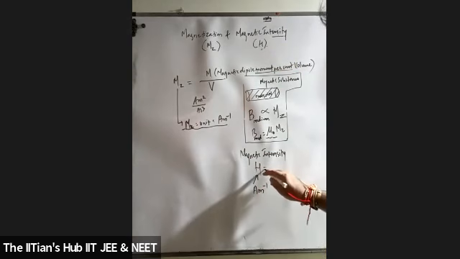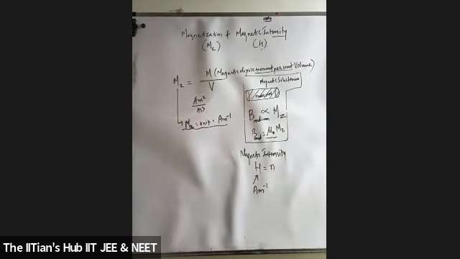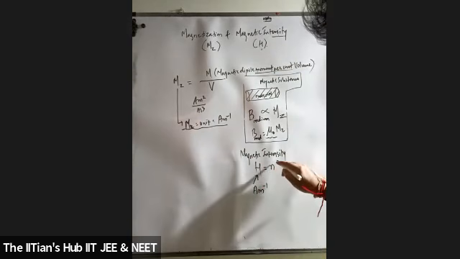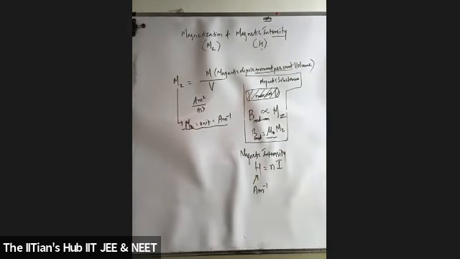That is equal to the number of turns per unit length into the current flowing through it. Please concentrate on this part.